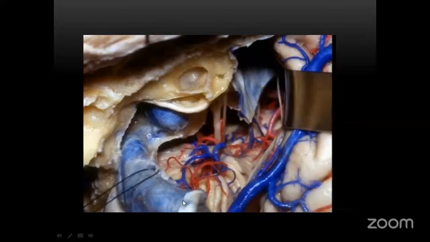Okay, this is which sinus? Sigmoid sinus. This is sigmoid sinus again.